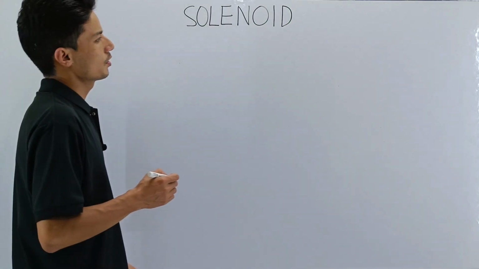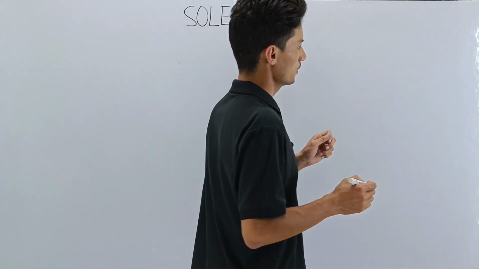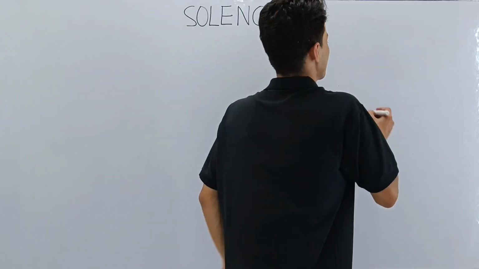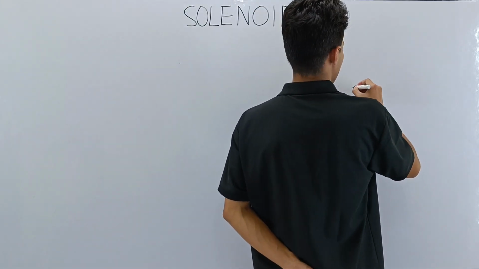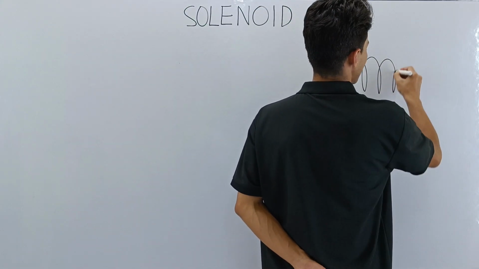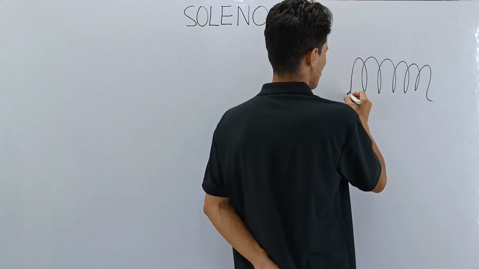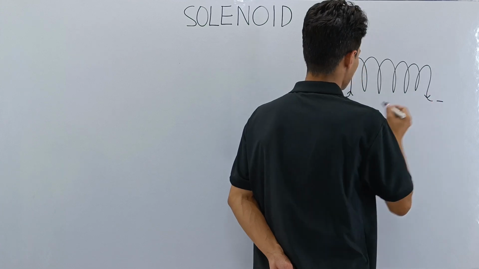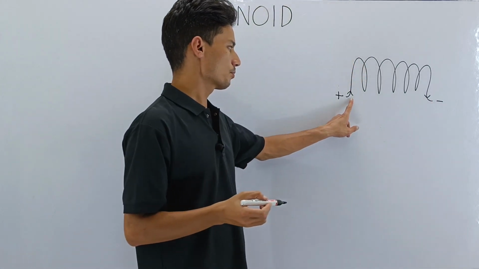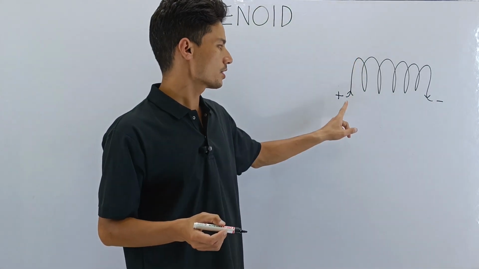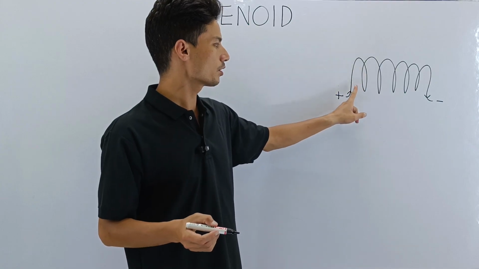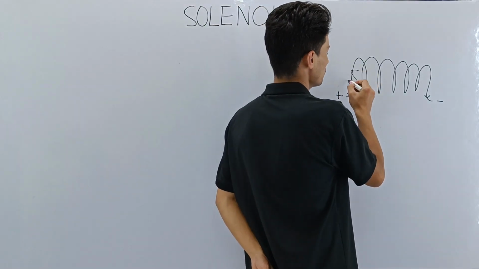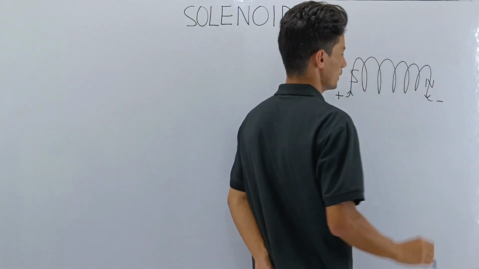So, we'll be talking about a solenoid. You know a solenoid, isn't it? A solenoid is a wire having many turns in which current is made to pass through. One side is positive, the other side is negative, and the end from which the positive terminal of the solenoid is connected to the battery is considered as the south, then the other end will be considered as the north.